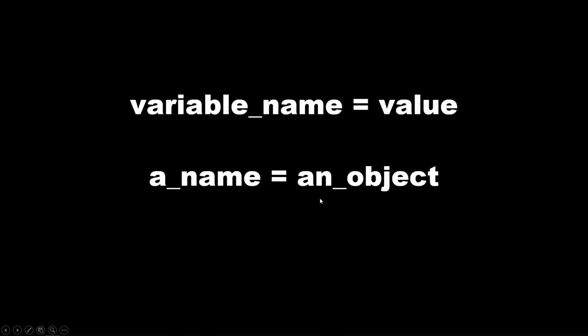Now, while assigning variables in Python, there are certain rules. So let's look at a few of them. Python uses the equal to sign to assign values to variables. There is no need to declare a variable in advance or to assign a data type to it.